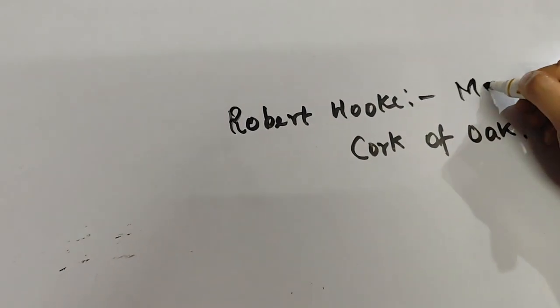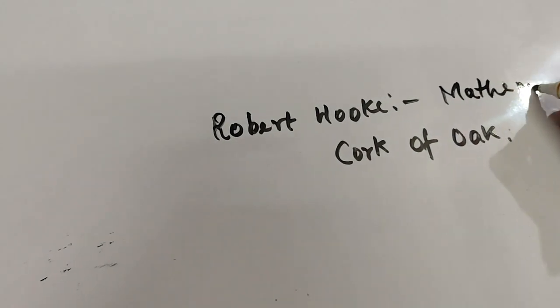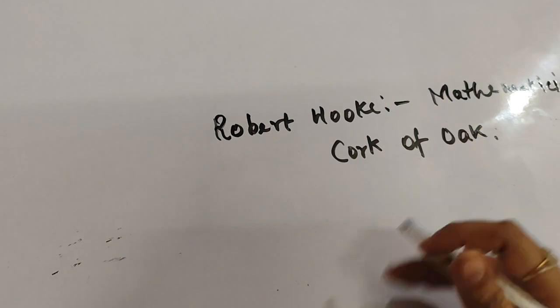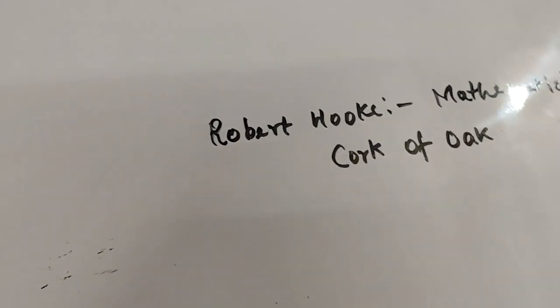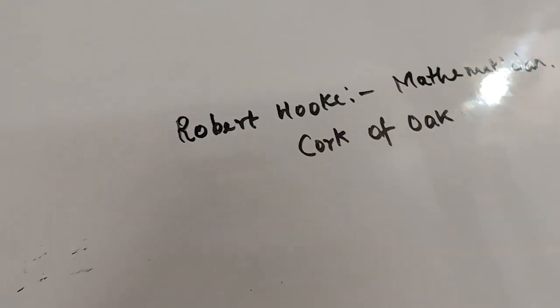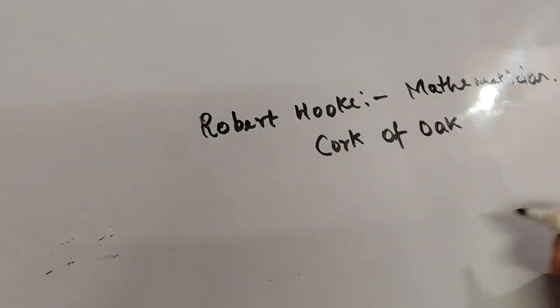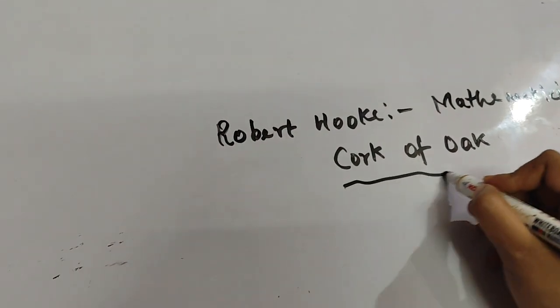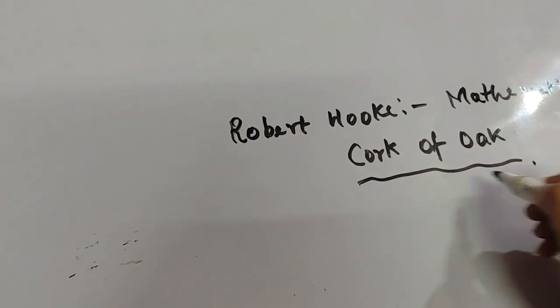He was a mathematician, and he was working on cell biology. So you can say it is a kind of interest he had in botany. So he studied many plant tissues, and the most important was cork of oak.